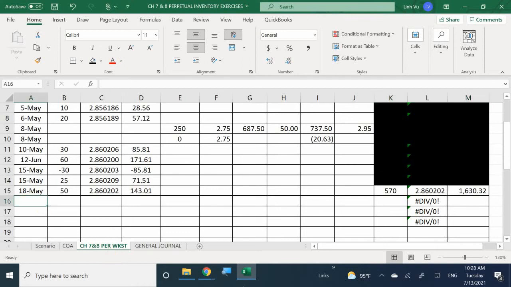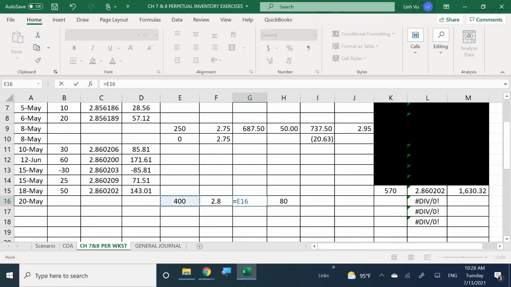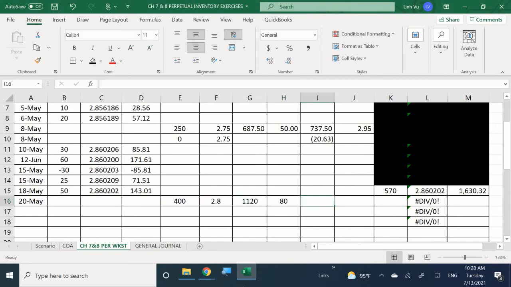So this is May 20th, and we purchased an additional 400 items at $2.80 with the freight costing 80. So what's my purchase price here? You said 1,120 plus 80 gives you a total here of 1,200.